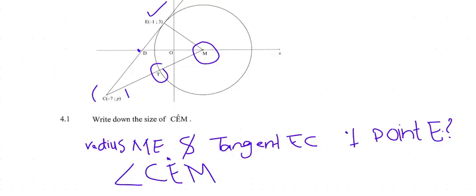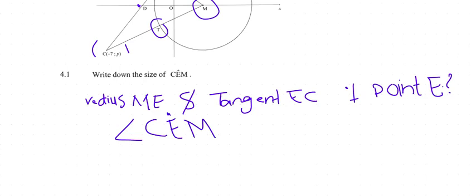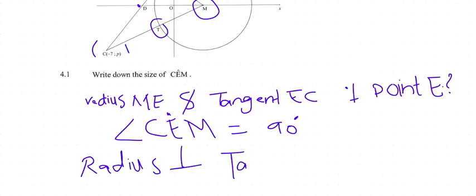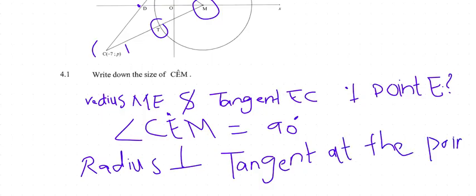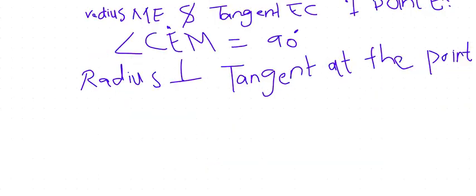We say that angle CEM is equal to 90 degrees, because the radius is perpendicular to the tangent at the point of contact. Okay, so this is the required answer.